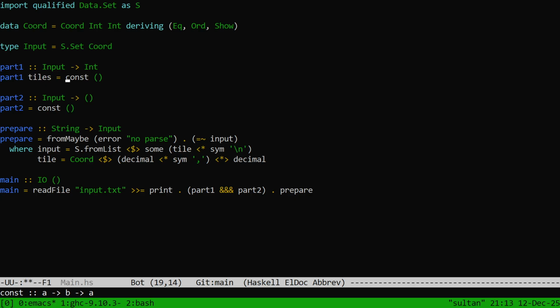Maybe like an int map, because this construction doesn't make it easy to look up, you know, are any of these 500 tiles in the set, right? Which I imagine what we're going to have to do next.